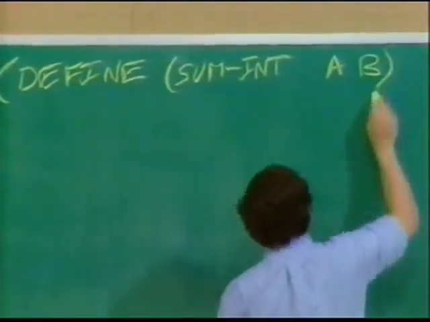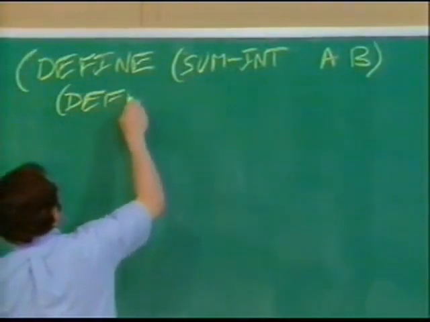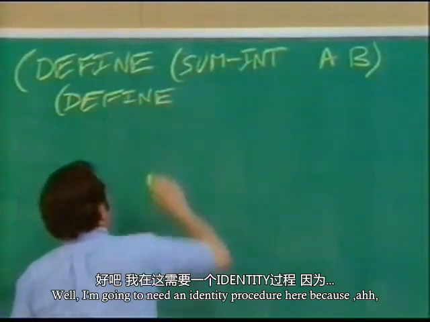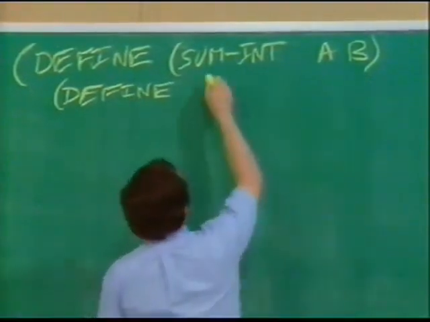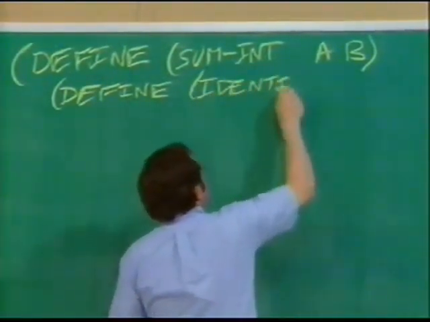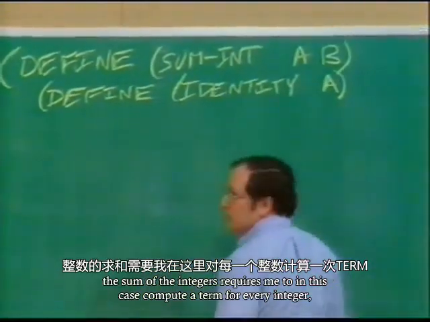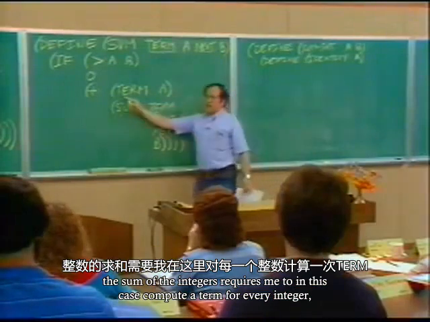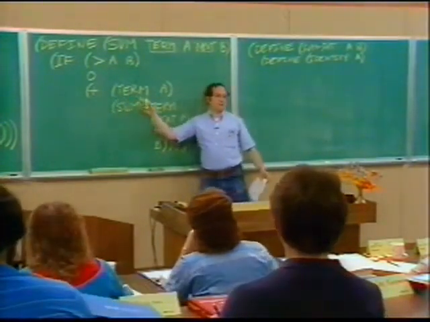A and B. Well, I'm going to need an identity procedure here because the sum of the integers requires me to compute a term for every integer, but the term procedure doesn't want to do anything to that integer.